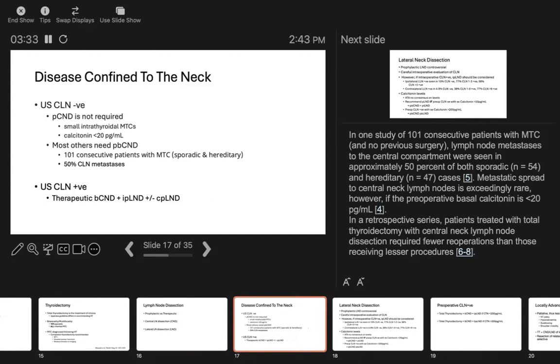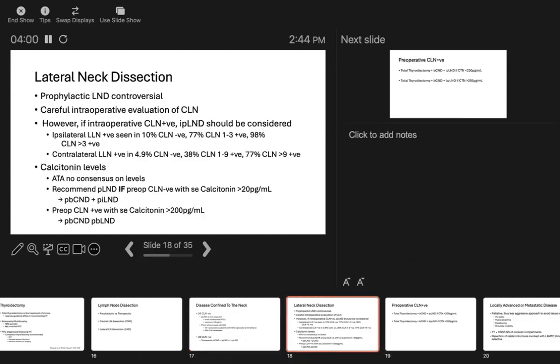In a study of 101 consecutive patients, almost 50% sporadic versus hereditary, 50% of these patients had central lymph node metastasis. Whereas if you have ultrasound-detected central lymph node disease, then you should proceed with therapeutic bilateral central lymph node dissection with ipsilateral lateral node dissection, plus or minus contralateral prophylactic lymph node dissection.